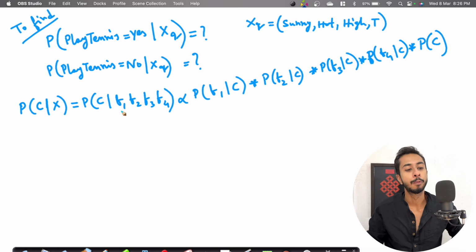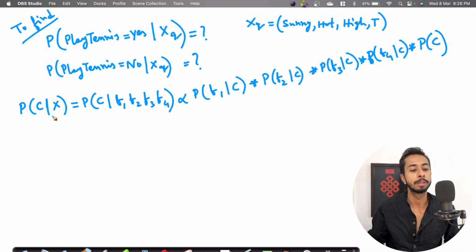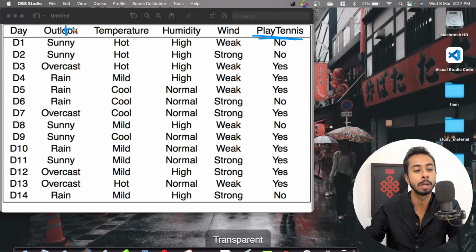Now, from the derivation of naive Bayes, we have already got this, right? Probability of C given X, the probability of the class given the query point, is equal to probability of C given F1, F2, F3, F4. I'm just expanding X. X here is F1, F2, F3, F4. These are the features, right?